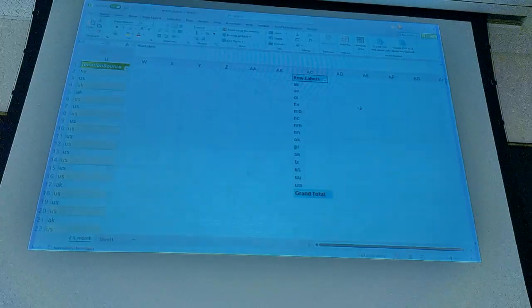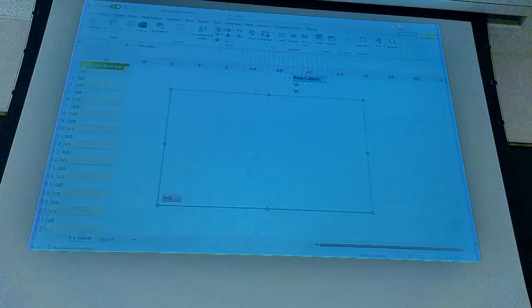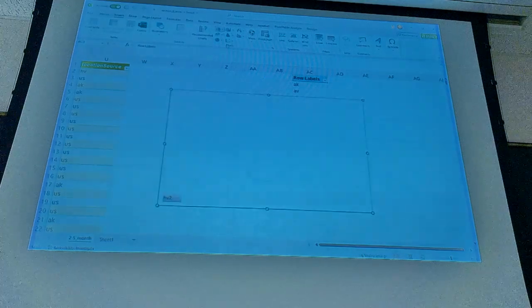So I want bar graph, pie chart. Insert. Where are you? Bar right here. And then just pick. I like 2D column.